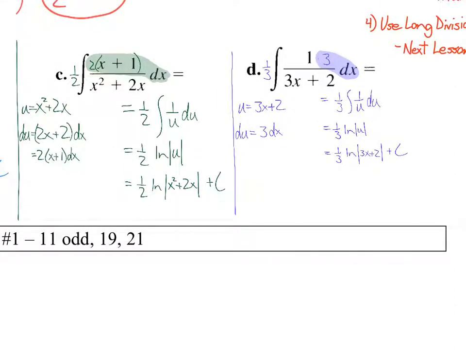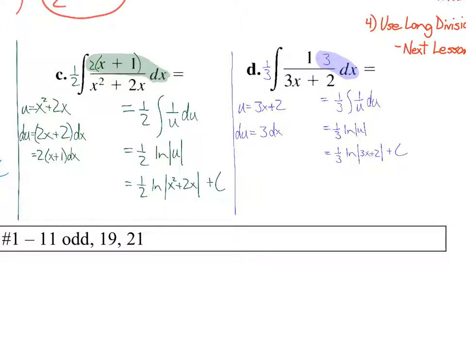And notice here, it may be a little hard to see it as 2x plus 2 when you've just got an x plus 1. But if you factor out that 2, it's easier to see. I'm missing a factor of 2, so I need a half on the outside. And we have 1/2 ln of absolute value of x squared plus 2x plus c.